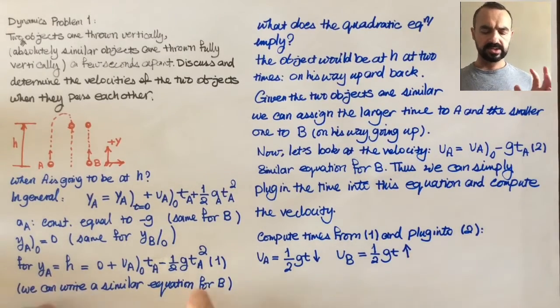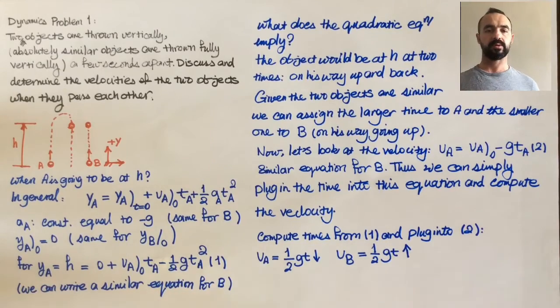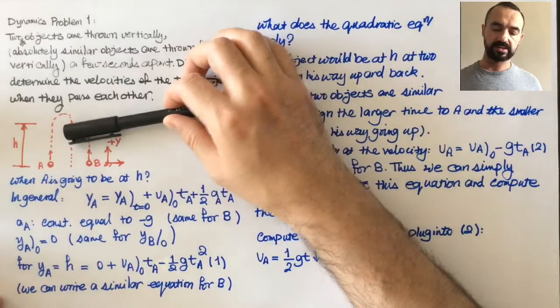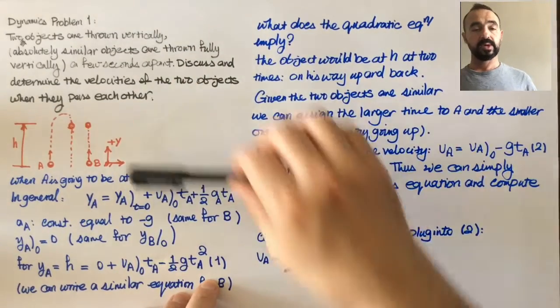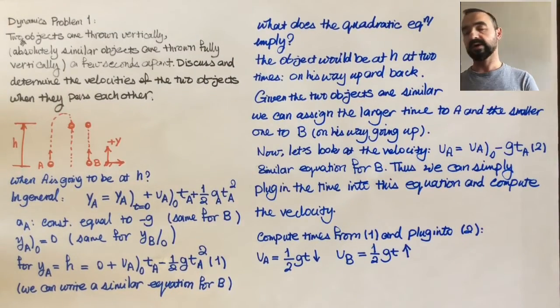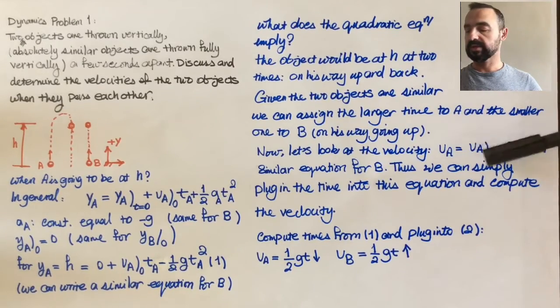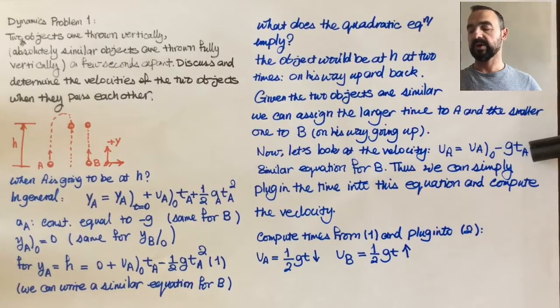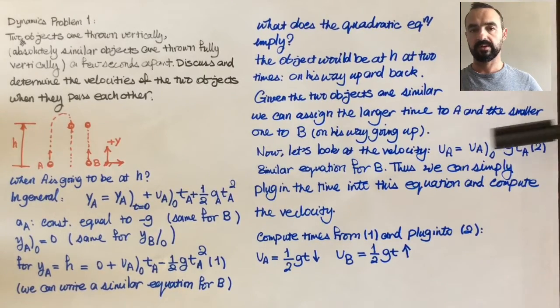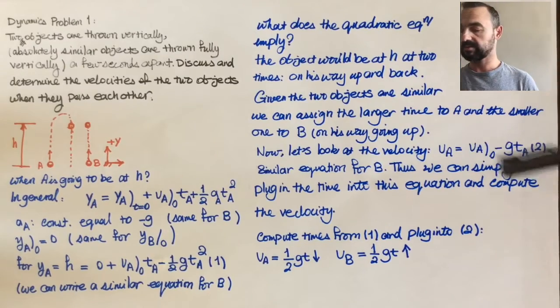So you can use this equation to compute the time it takes for A to get to height h, and the time for B to get to this height h. Once you have the times, the only thing you need to write down is VA equals VA0 minus g tA, and it's the same for object B. Because the initial velocities are the same, you can replace VA0 and VB0 with V0. The only unknown is time.